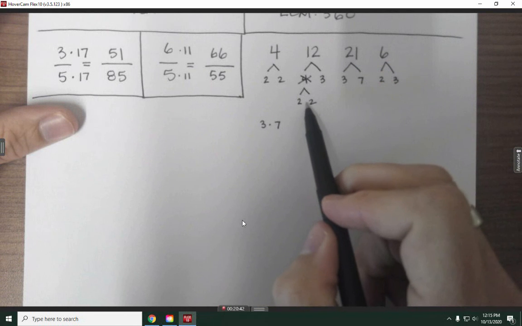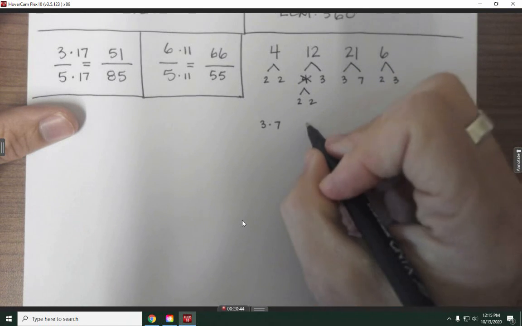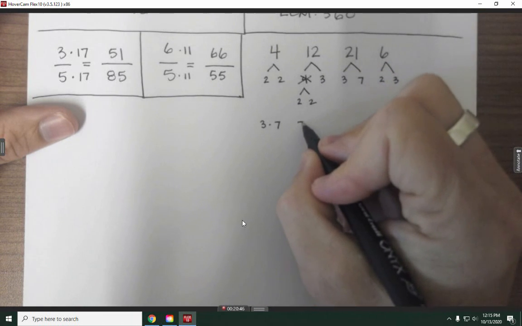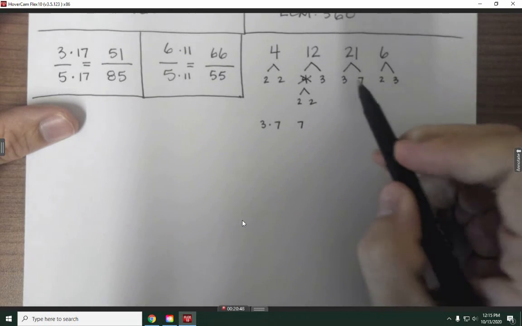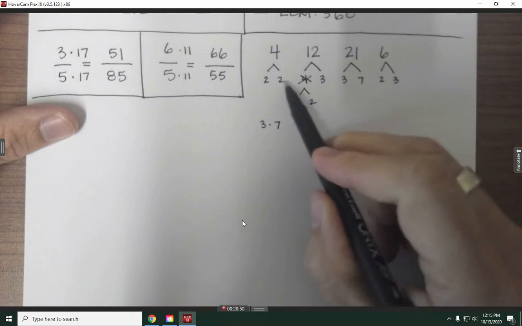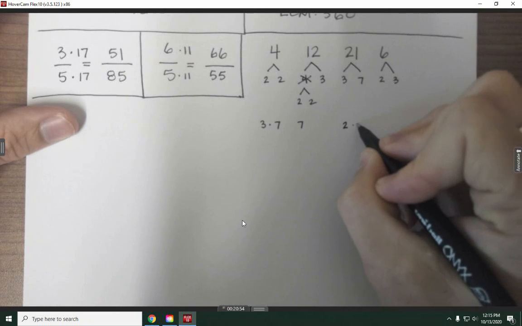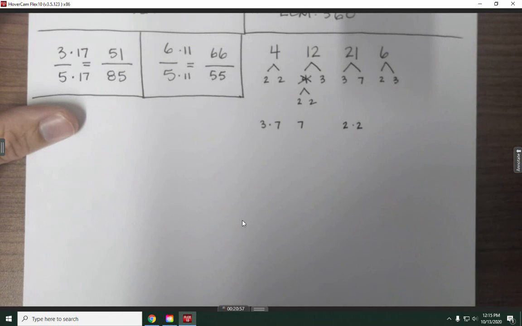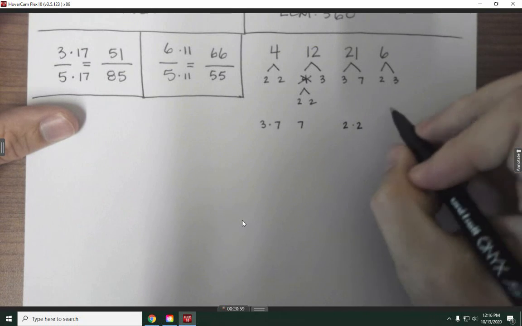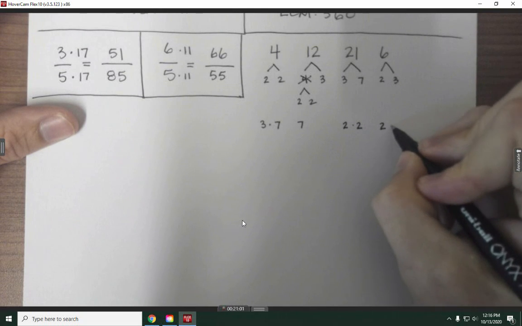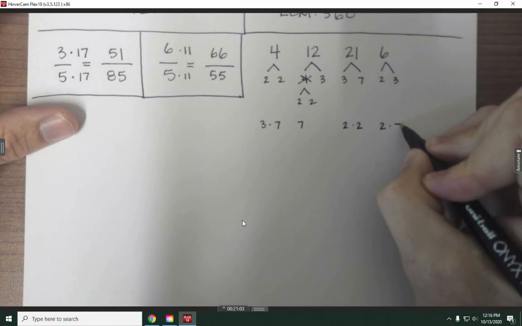So this one's missing the 7. This one's missing the 2 2's. And then this one is missing an extra 2, and a 7.